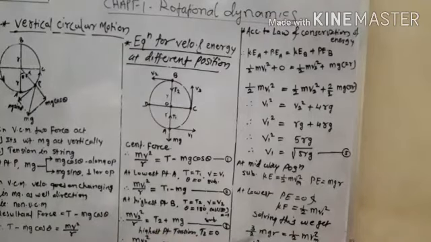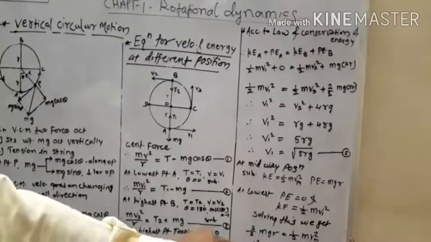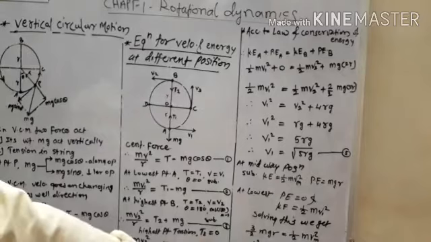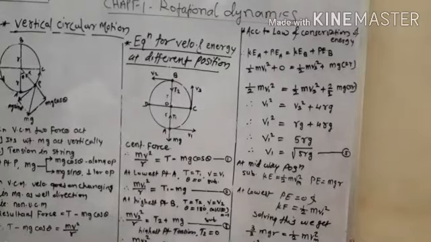Then the 2 in the denominators gets cancelled, and m also gets cancelled, so Vm square is equal to 3 rg, or Vm is equal to under root 3 rg. This equation gives the velocity for the midway position.